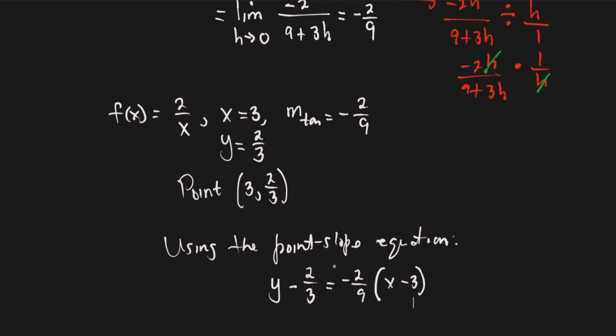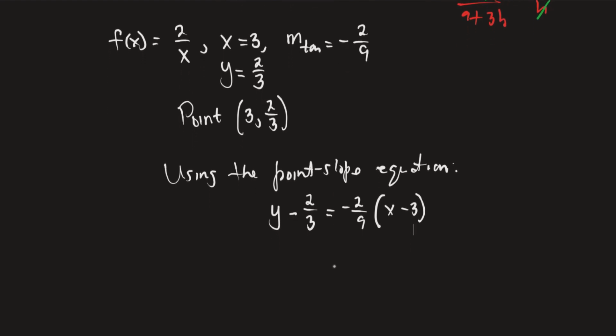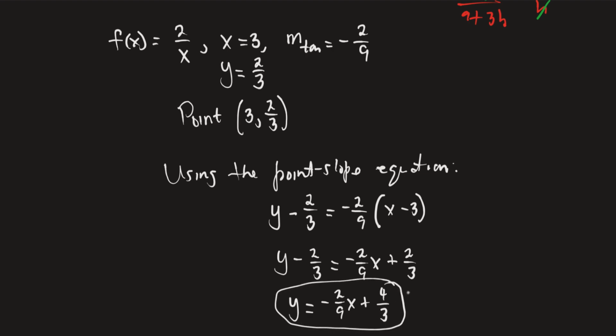And again, if we wanted to, we could go ahead and express this in the slope-intercept form. So essentially solve for y, simplify what's on the right. So let's distribute the negative 2/9. So that's negative 2/9 x, and then plus 2/3, right? Because we have those two negatives there, and we're multiplying, and then add 2/3 to both sides, and we end up with negative 2/9 times x plus 4/3. And this is the equation of the tangent line.